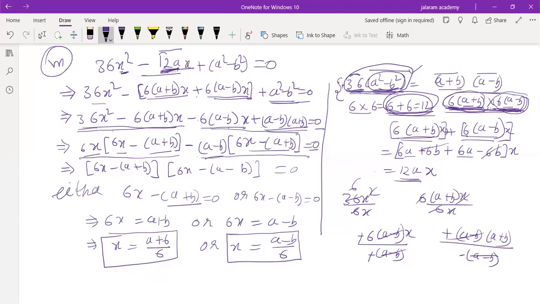So 6x minus a plus b is common now from both, into 6x minus a minus b equals 0. So either the first bracket 6x minus a plus b equals 0 or the second bracket 6x minus a minus b equals 0. So it is giving 6x equals a plus b or 6x equals a minus b. That is x equals a plus b upon 6, x equals a minus b upon 6.